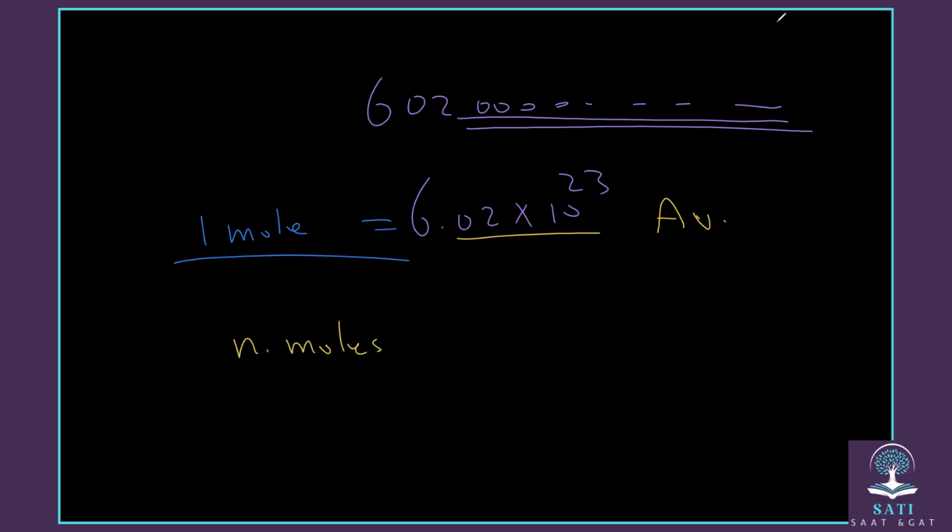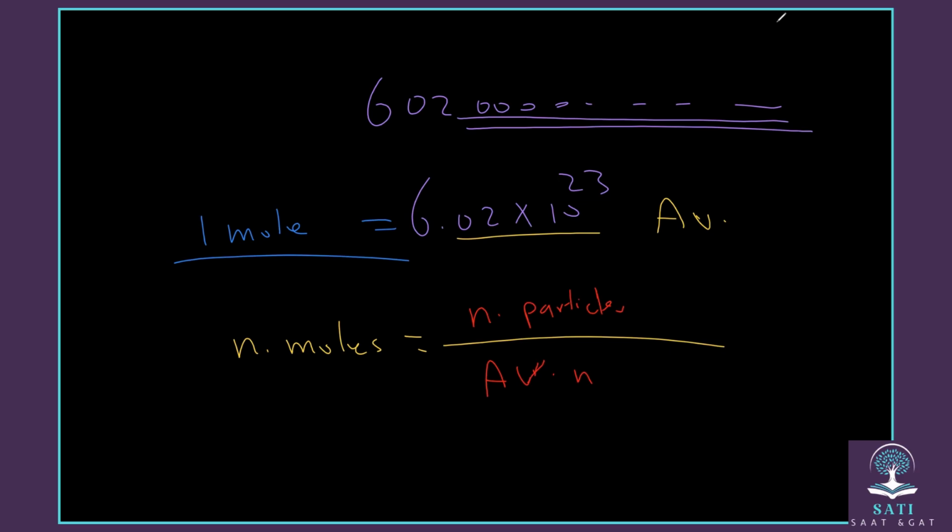If I have a lot of particles, whether they are atoms, molecules, or compounds, I need to understand how many moles they represent. So I use this formula: number of moles equals number of particles over Avogadro's number.